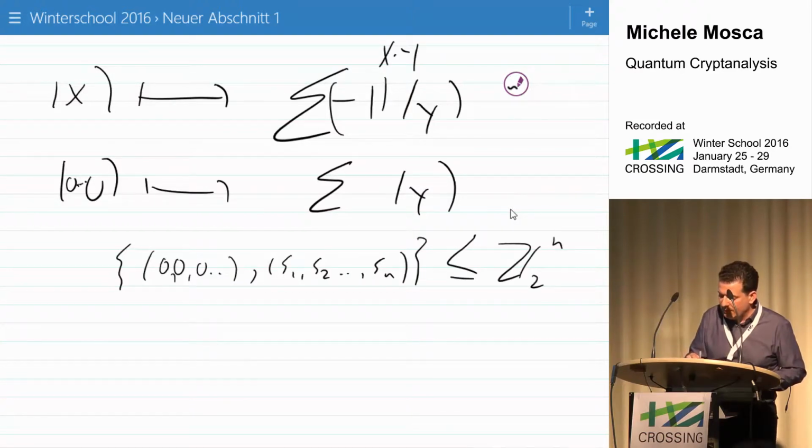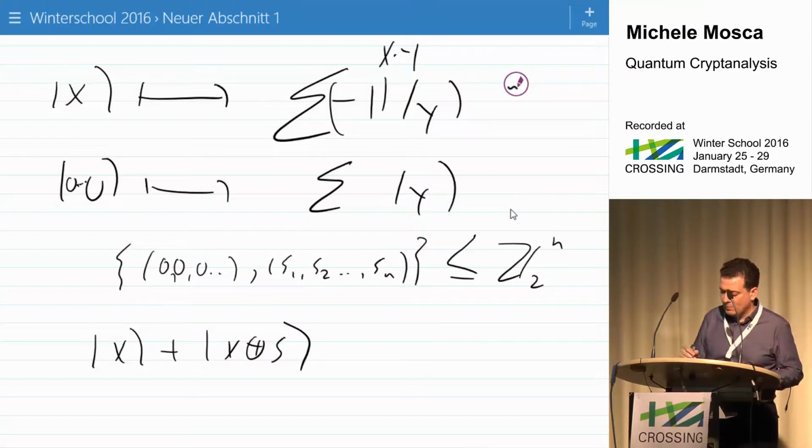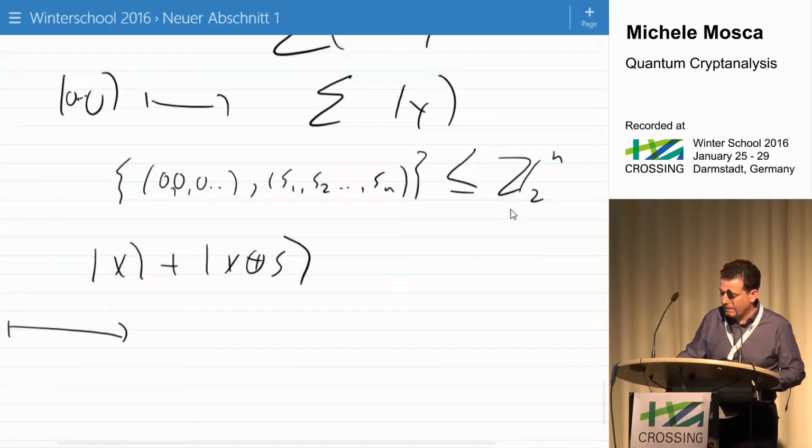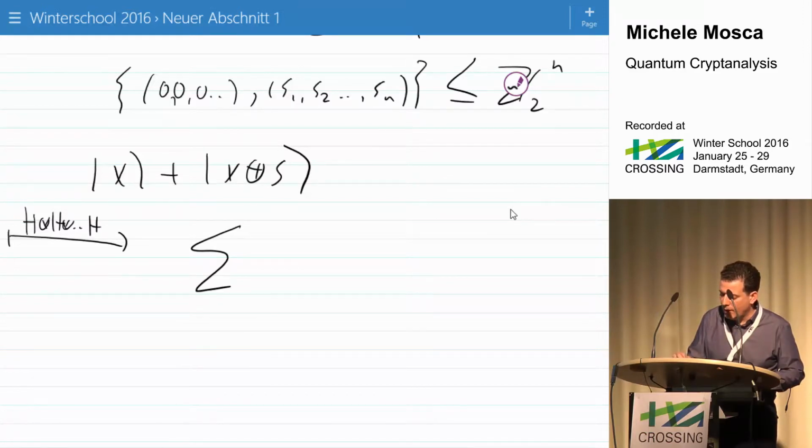If you give me something of the form x plus x XOR s, you're able to construct such a thing, and you apply the Hadamard transformation to it. What do you get? You get the sum over all y of minus 1 to the x dot y. That's what this one contributes.